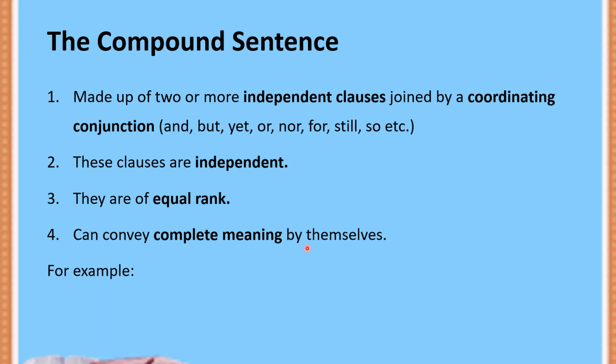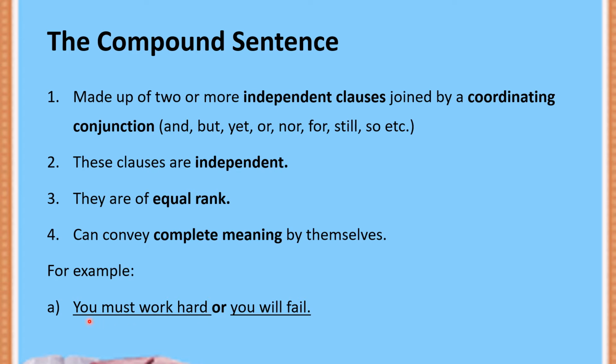For example, you must work hard or you will fail. You can see that there are two clauses in this sentence. The first clause is you must work hard and the second clause is you will fail. And these two clauses are joined by conjunction which is or, and this is known as the coordinating conjunction.